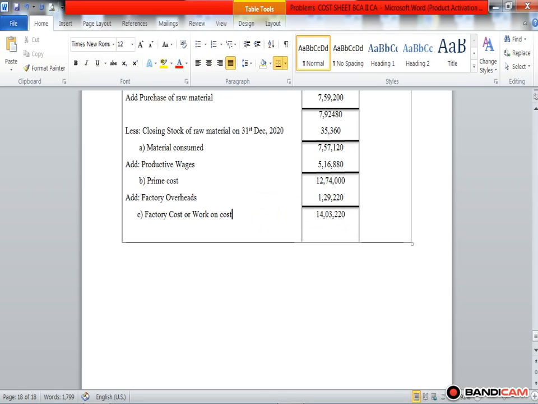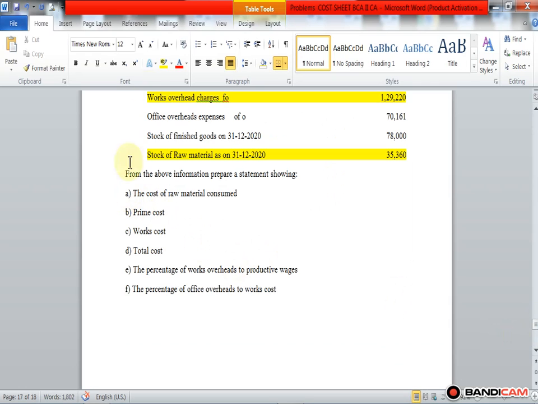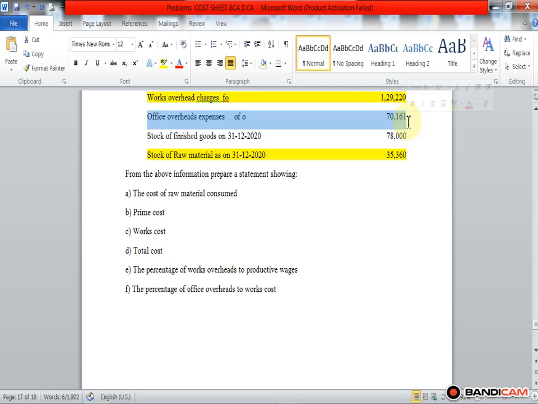Okay, now we add office overheads, which is also given in the problem. Here office overheads is 70,161.